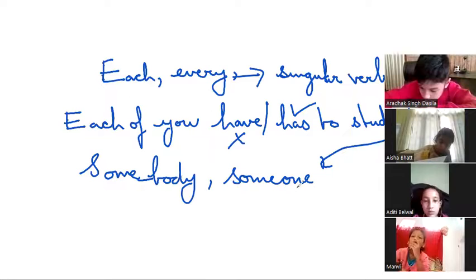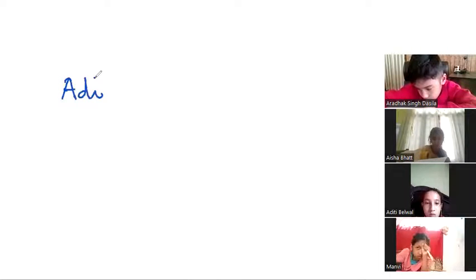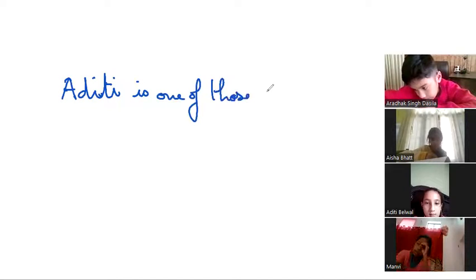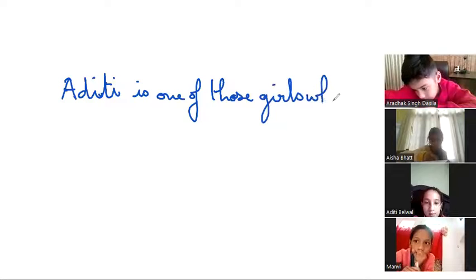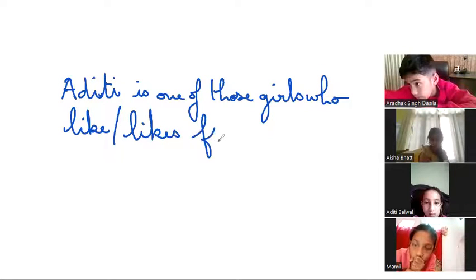Now, there can be some very, very complex sentences. For example, I might say, Aditi is one of those girls who like or likes flowers.